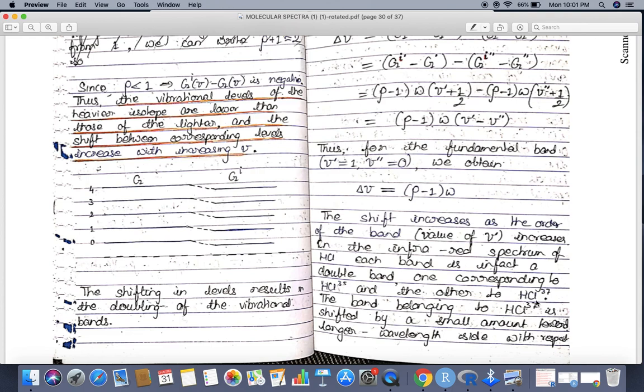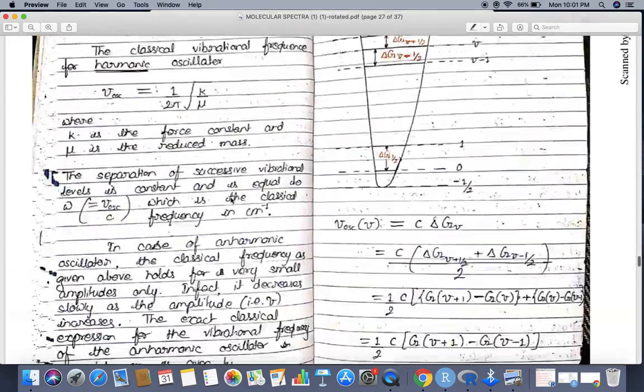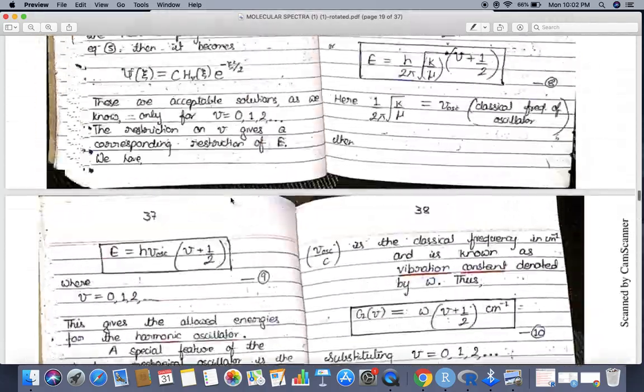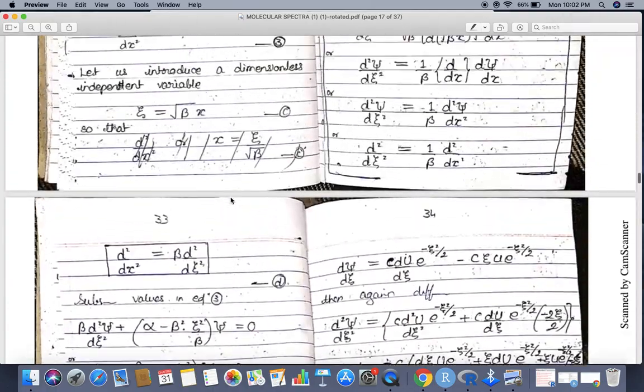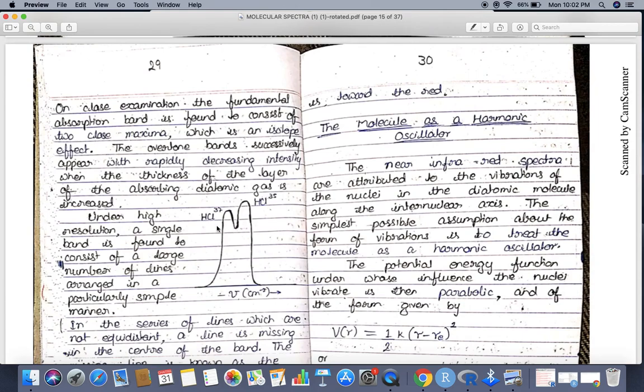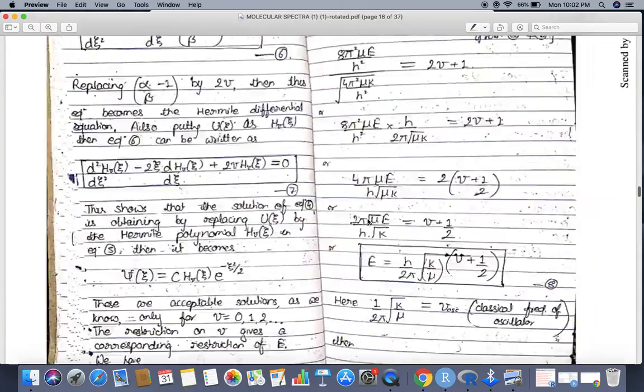In the last lecture, in the very beginning, we discussed this spectrum or band. The band belonging to HCl37 is shifted by a small amount to the longer wavelength side, the red side. If you remember from the last class, we mentioned this. HCl37 is on the lower wave number side and HCl35 is on the higher wave number side.